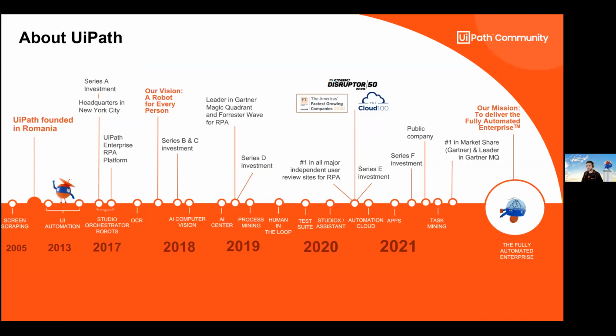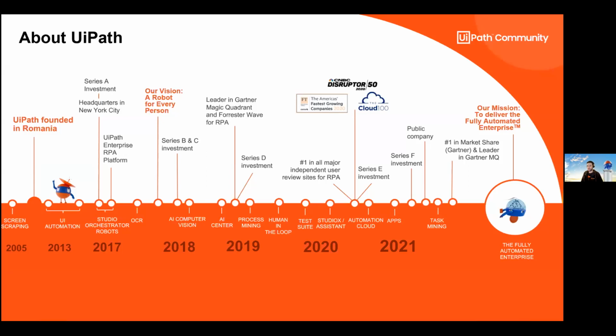But UiPath actually started as a screen scraping company, and in 2005, UiPath was founded in Romania. Then it started working on UI automation, and in 2017, it set its headquarters in New York City, and it started a series of investment rounds, like A, B, C, D, E, F, a lot of investment rounds.